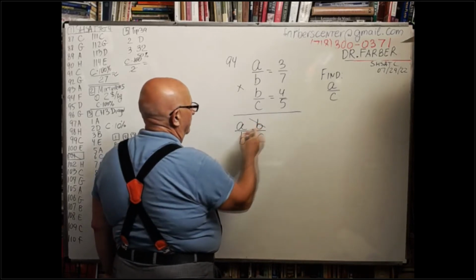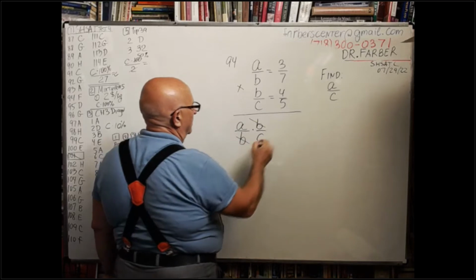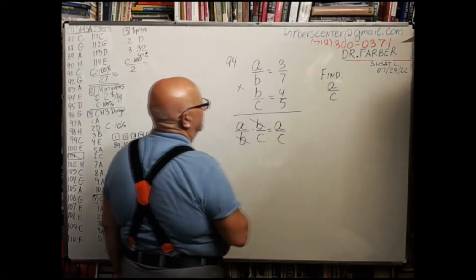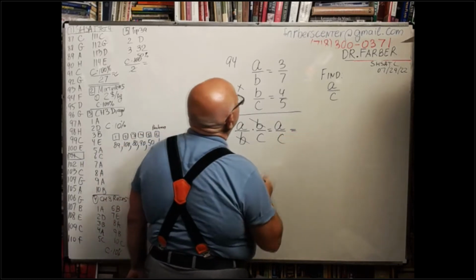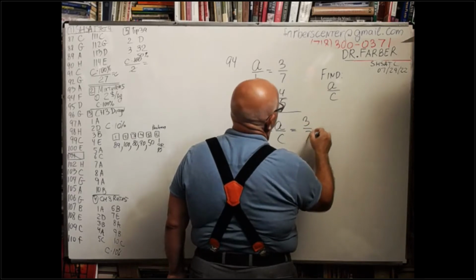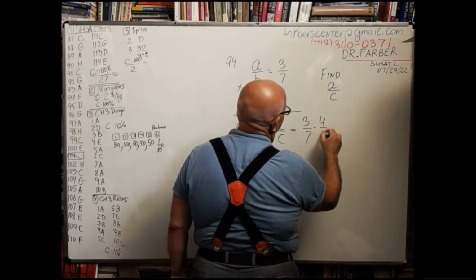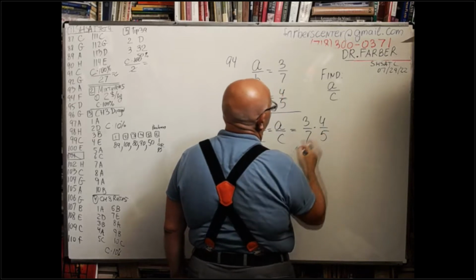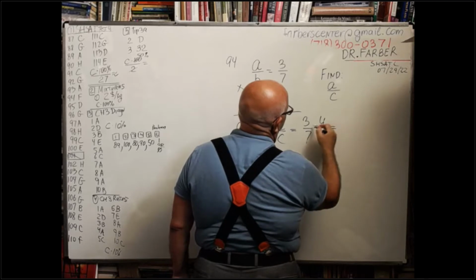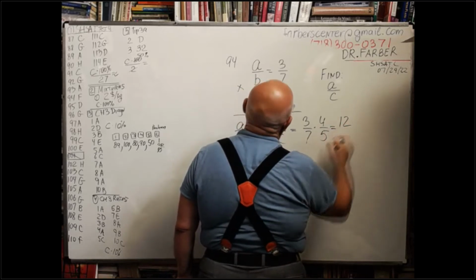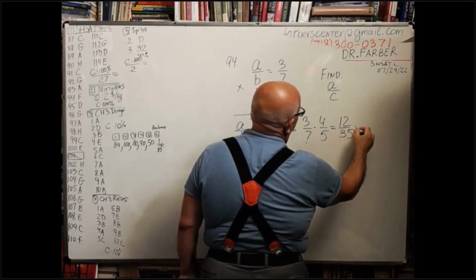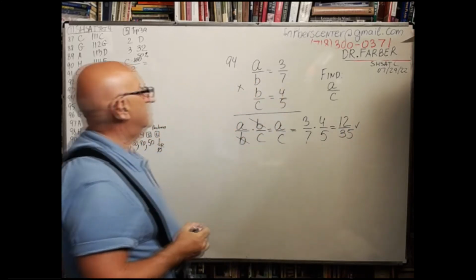Immediately I can cancel out B, and I will get A over C. And what is the right part? 3 over 7 times 4 over 5. 3 times 4 is 12. 7 times 5, 35. And this will be the answer. One shot. Look at this.